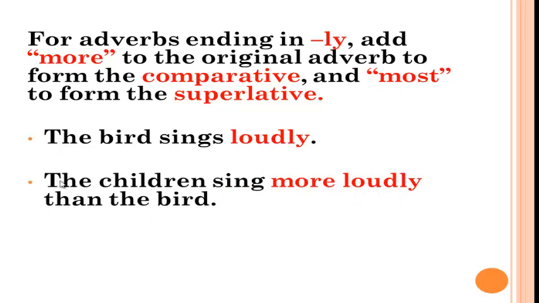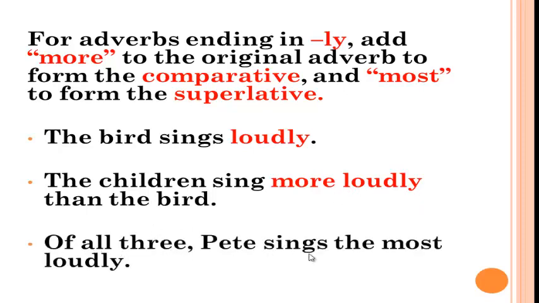We compare between two things, the children and the bird. We added more to make the comparative form because the adverb has ly at the end. Of all three, Pete sings the most loudly. So we add most to the adverb to make the superlative.